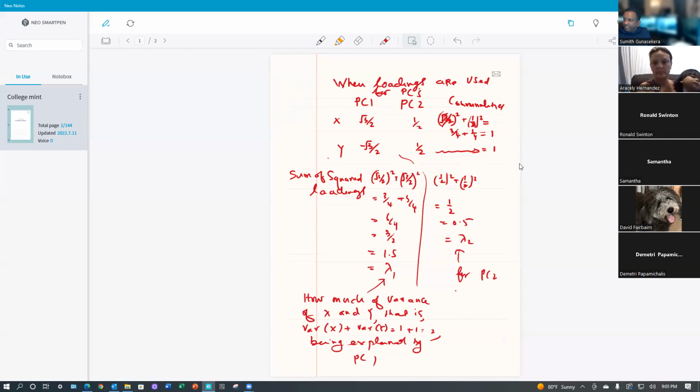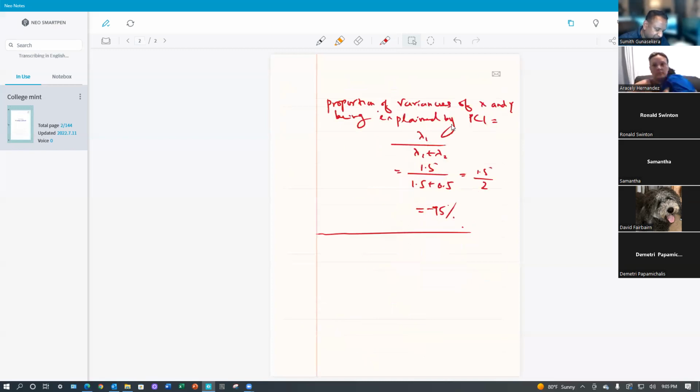But in a certain way, some practitioners scale this one to get 1. Some people scale this to get the lambdas, especially when it comes to the squared loadings. So how are you going to say this? You say how much of the proportion of variance, I'm going to write here, for the second one.